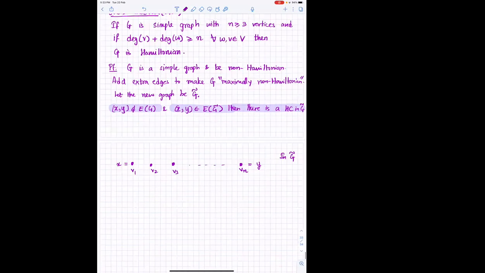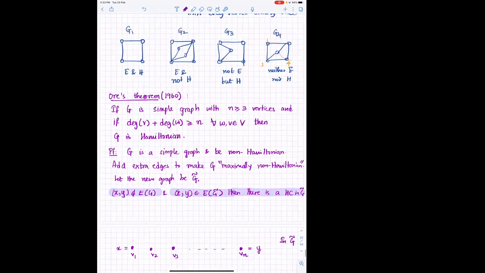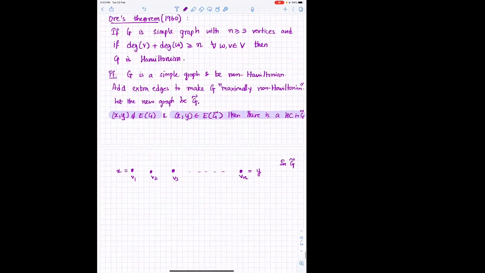For example, if the graph given is just this one, it is not Hamiltonian, and I can just add one edge here, which is this edge, and make the graph Hamiltonian. But it's not near complete or anything. So you don't know what the graph G is. That is important. The only thing you know is it has at least 3 vertices and it's a simple graph.